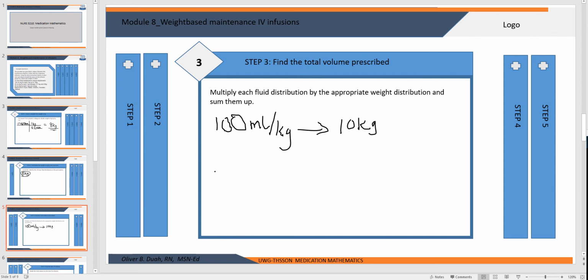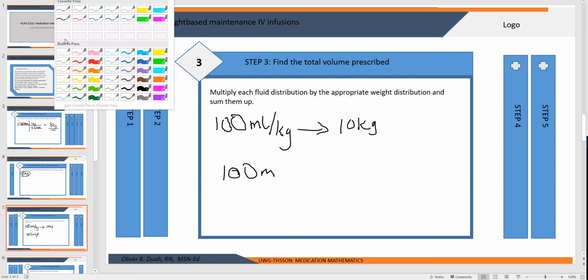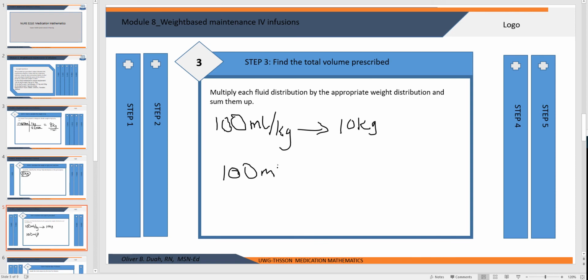We don't have more than 10 kilograms, so we will just multiply this 100 mL per kilogram by our weight, which is 8 kilograms.